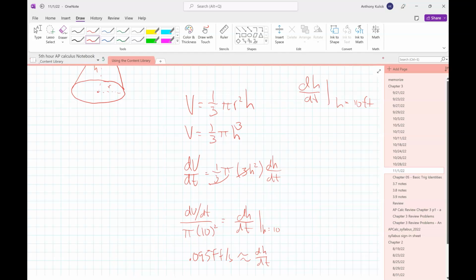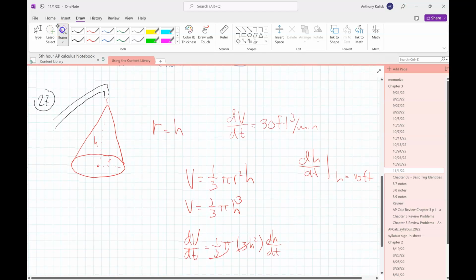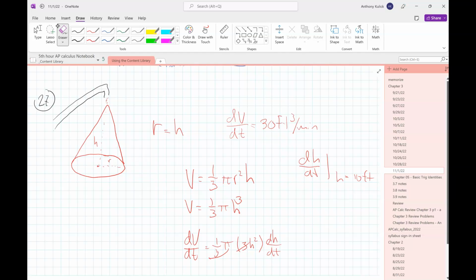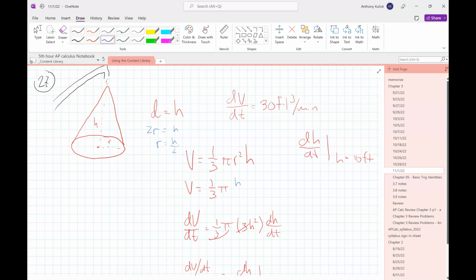Oh, Mackenzie. I know it. This is dumb. I misread the problem, because it doesn't say the radius and the height are equal. It says the diameter. So 2r is equal to h, so r is equal to h over 2. So this spot here will become h squared over 4 times h.